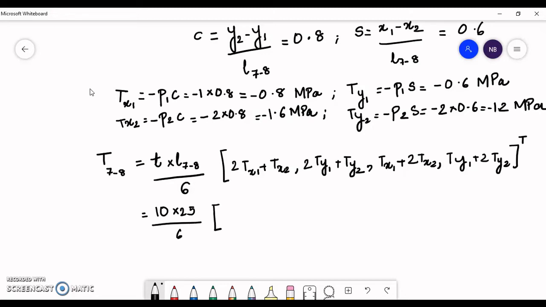So let us now substitute for all these values, and we get 2 into tx1, which is minus 0.8, plus tx2, minus 1.6. 2 into ty1, minus 0.6, plus ty2, minus 1.2.